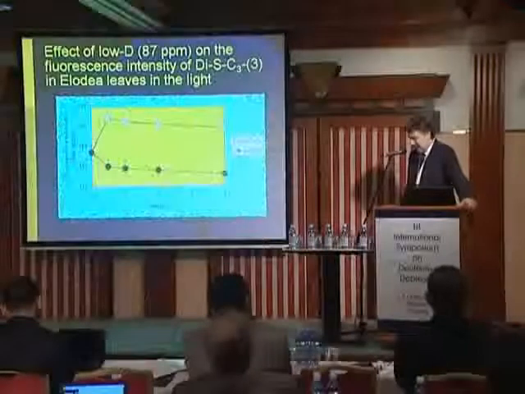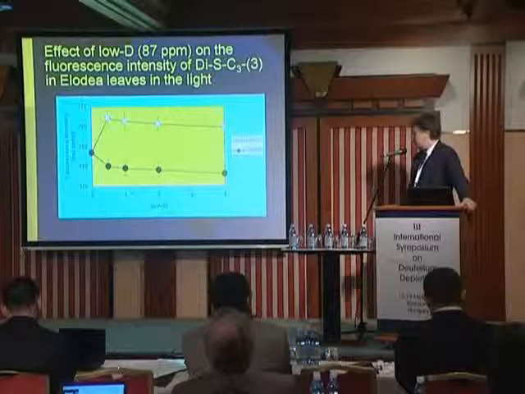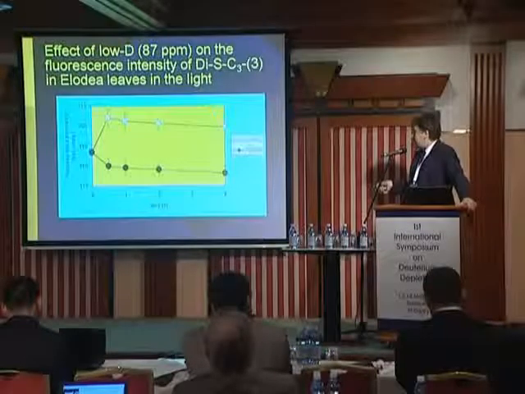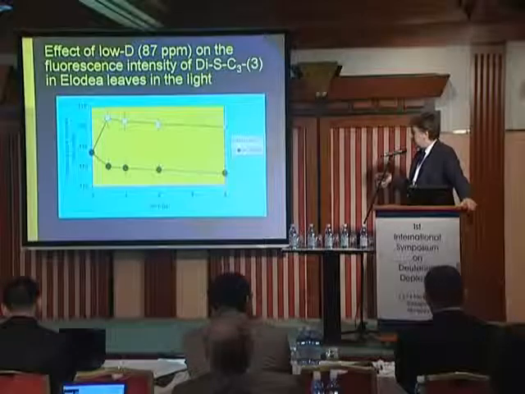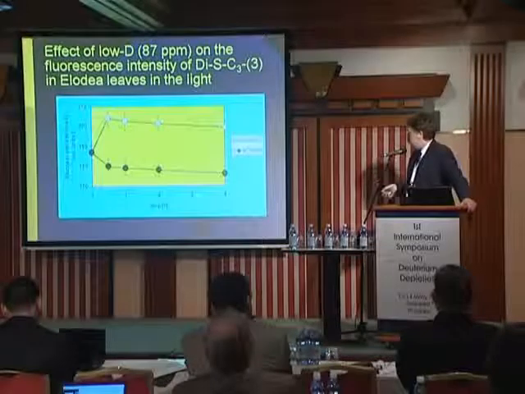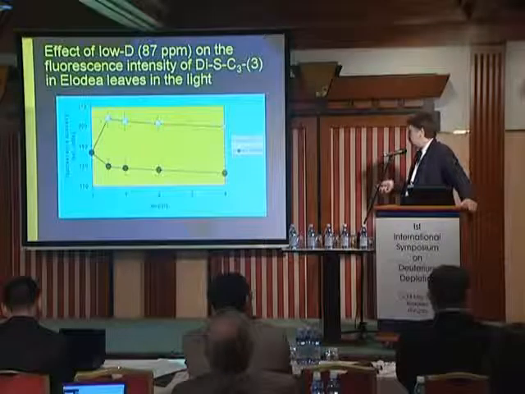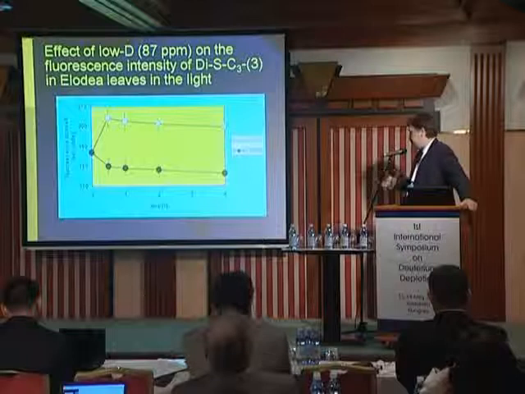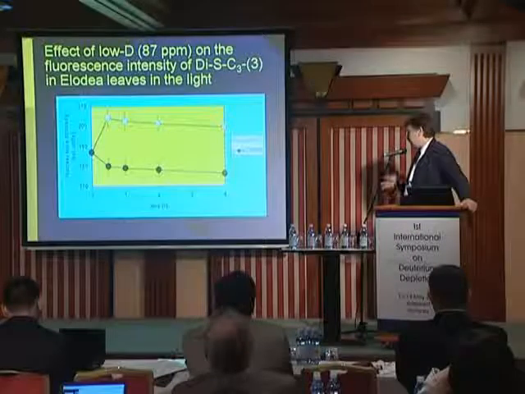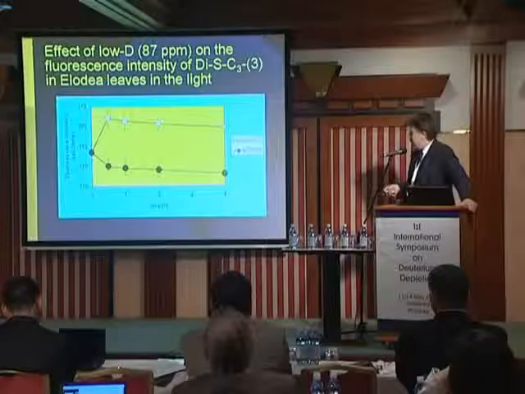So we did this experiment with low D water, and what we saw was that in the first half of the experiment, in the light, the plant cells took up a huge quantity of this dye, and after that the rate of the dye uptake was relatively similar to that of the control.